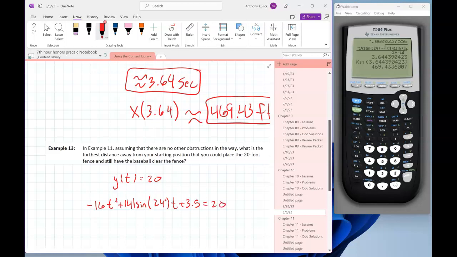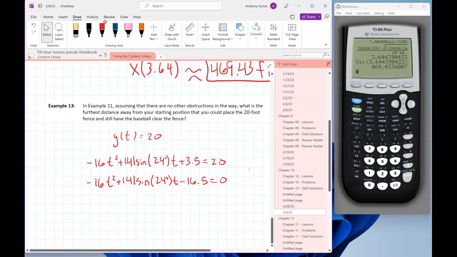Okay, how do I solve that equation? Not yet. Factor. No, not factor. What? Yeah, subtract the 20. It's got to equal 0 to use the quadratic formula. Not so fast. So we got that.